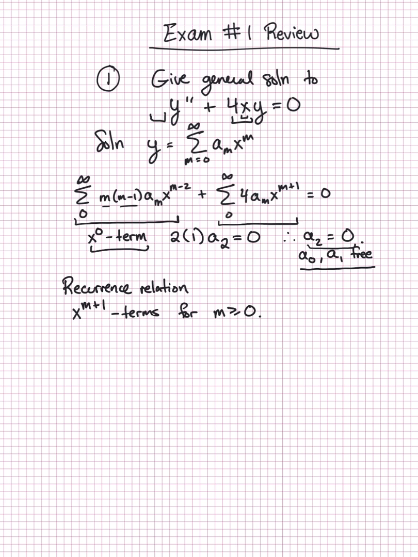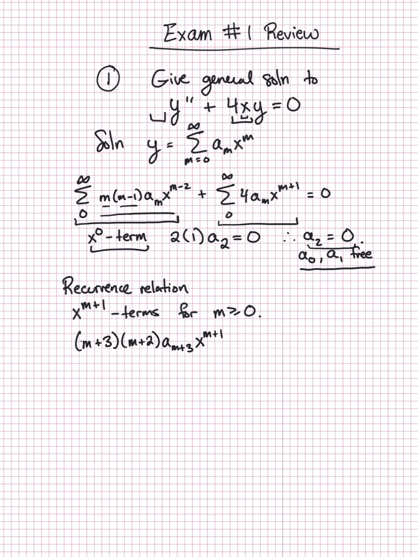If I look at the coefficient in front of x to the m minus 2 coming from here, the contribution is m plus 3. We needed to boost this m minus 2 up to m plus 1, so we get m plus 3 times m plus 2 times a m plus 3, x to the m plus 1.